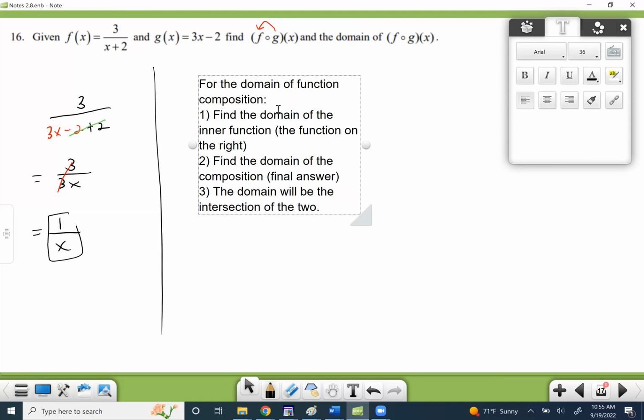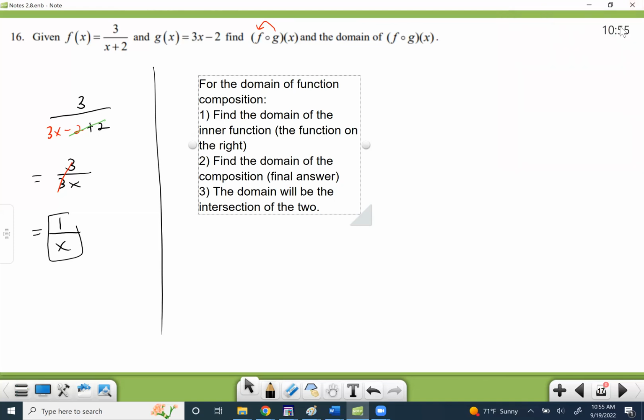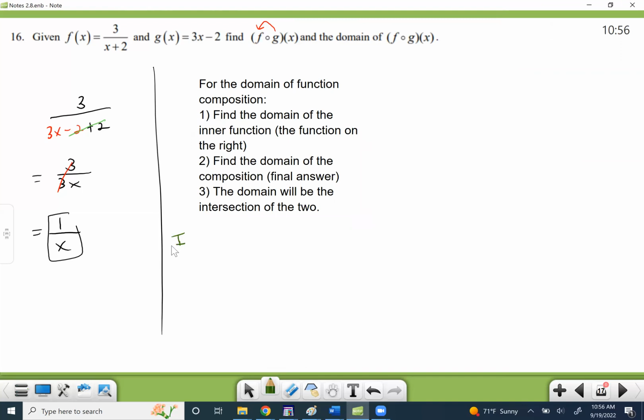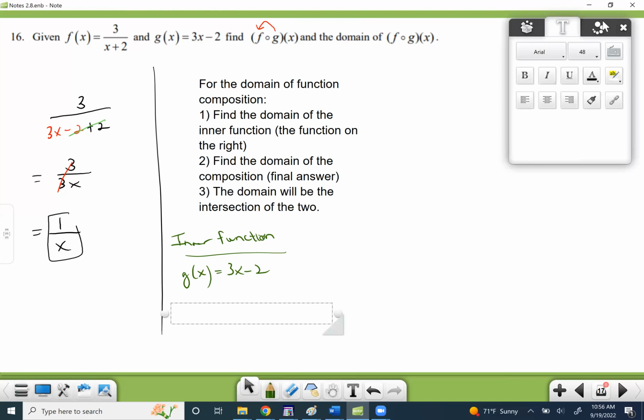Okay, so the inner function in our case is G. That's the one that got plugged in. That's the one on the right, okay? So our inner function, this is going to be like part 1. So if we find the domain of G, there's no fractions, there's no radicals. So the domain would be -infinity to infinity, like we talked about a few slides ago, right?